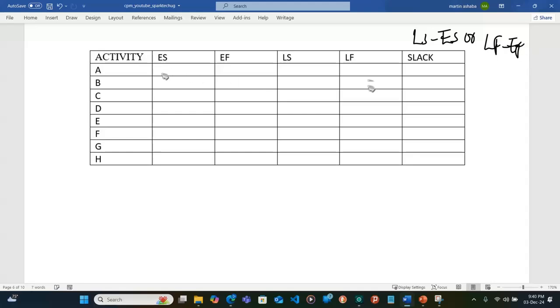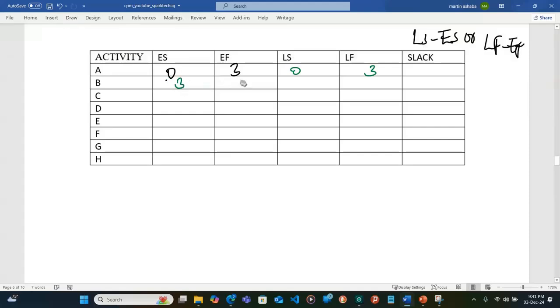So what is it for activity A? We have ES as 0 and EF as 3, then LS is 0 and LF is 3.